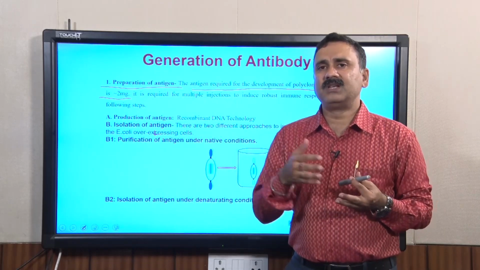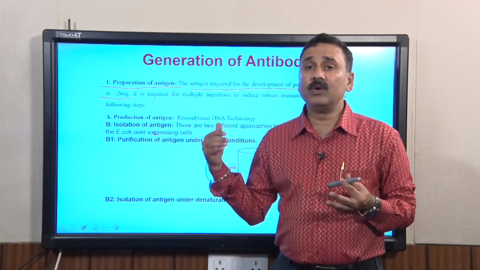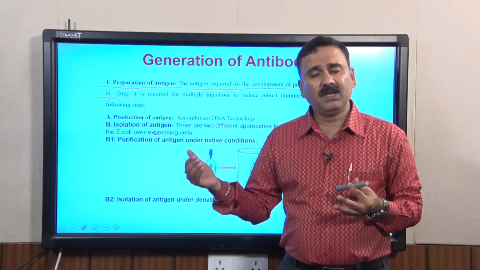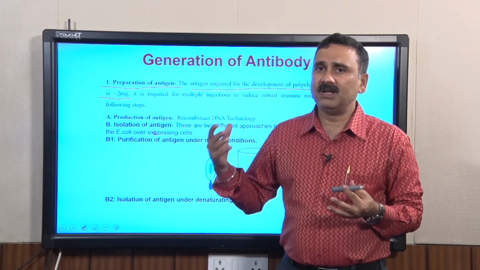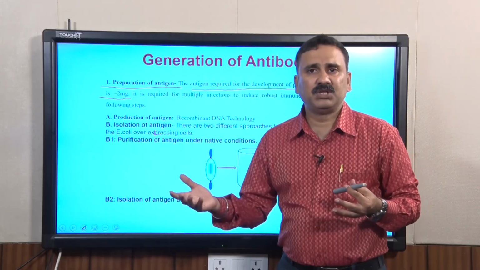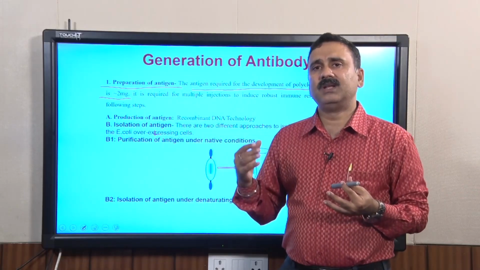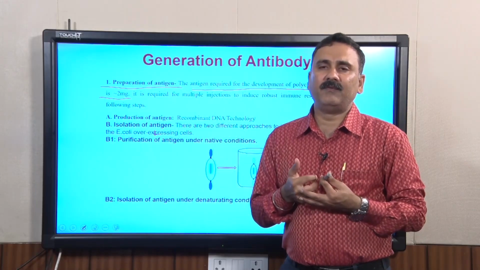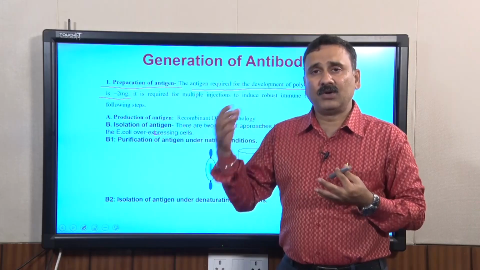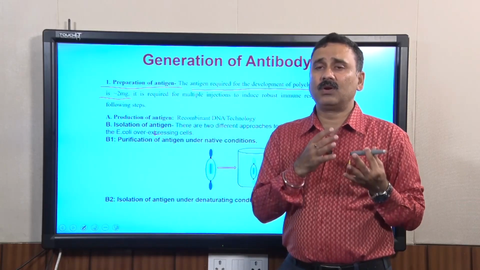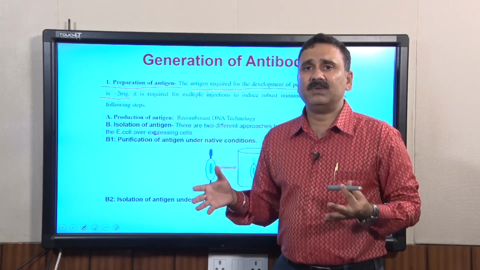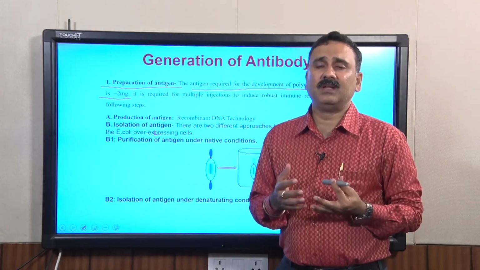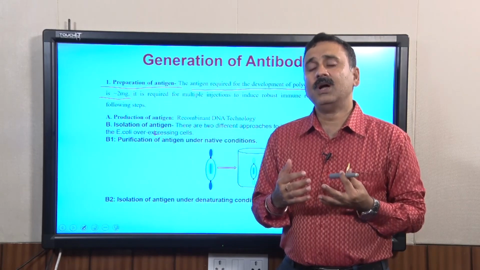But if the downstream application is that you are going to use these antibodies for generating some vaccine, or for passive immunizations, or for large scale vaccine production or diagnostic purposes, in those cases you are going to use the bigger animals like goat, donkey, or in some cases also the horse.